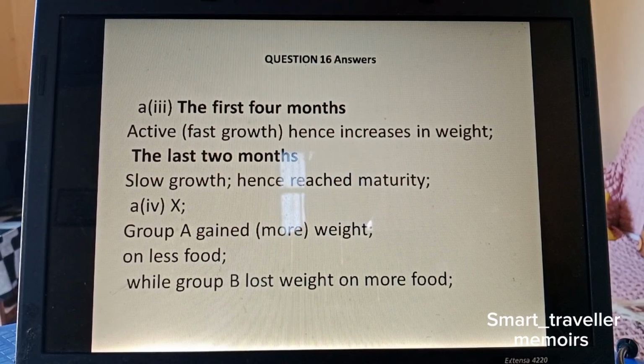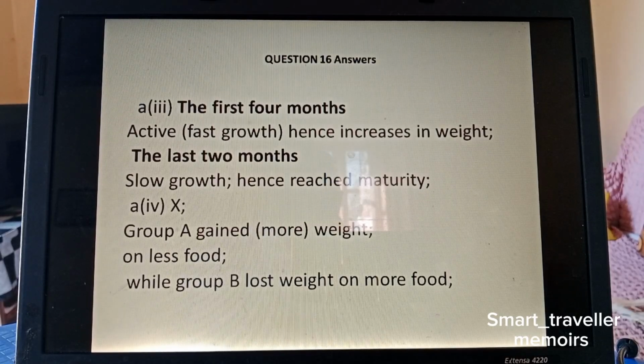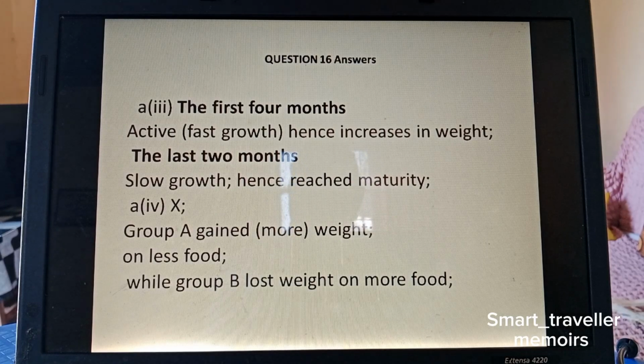For group B, yeah, for group B, the first 4 months, active fast growth, hence increases in weight. The last 2 months, slow growth hence reached maturity.